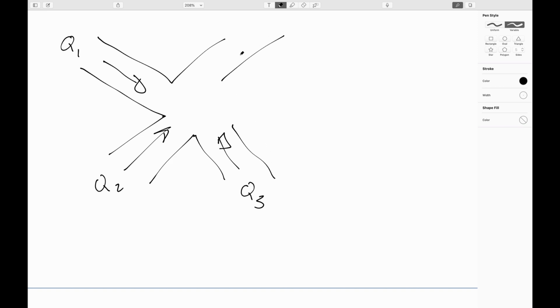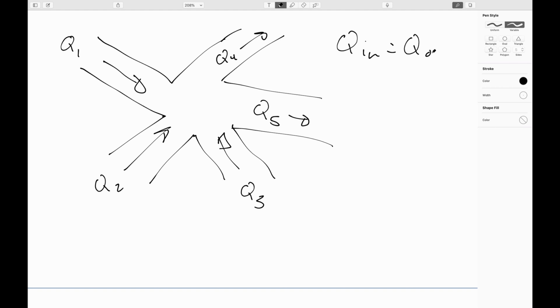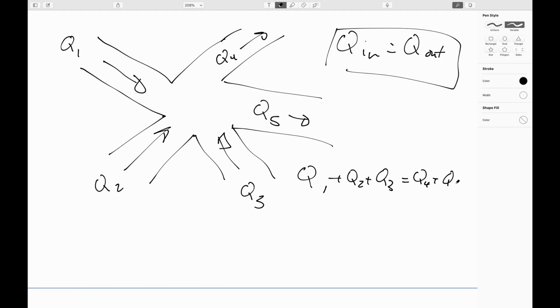Let's make it outbound over here. This would be Q4 going out. Let's say it's outbound over there. Q5 going out over here. What you're going to require is that Q in equals Q out. So in this case here, that would be expressed as my inbound flows Q1 plus Q2 plus Q3 equals Q4 plus Q5.